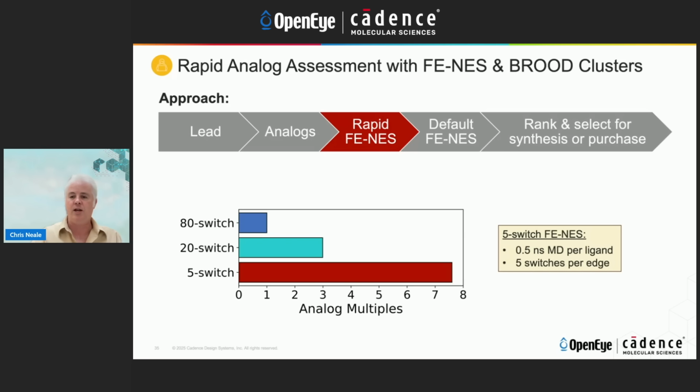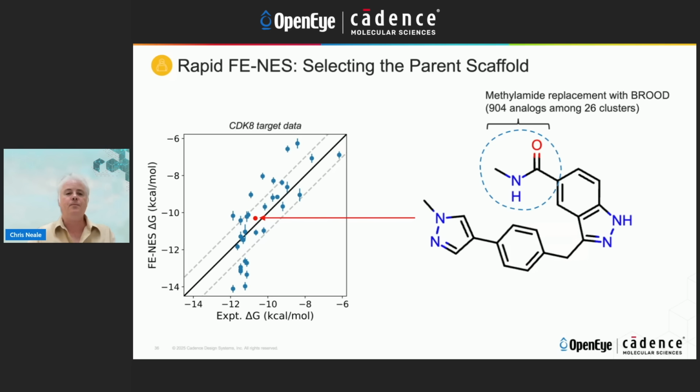And that's what I'm going to demonstrate here, except I'm not going to do 20 switches. I'm going to really look for speed and capacity, and I'm going to do 5 switches with another reduction in the amount of simulation per ligand. That gives me a capacity increase from default settings of about 7.5 times. So for this demonstration, I'm going to take one ligand from the CDK8 target benchmark.